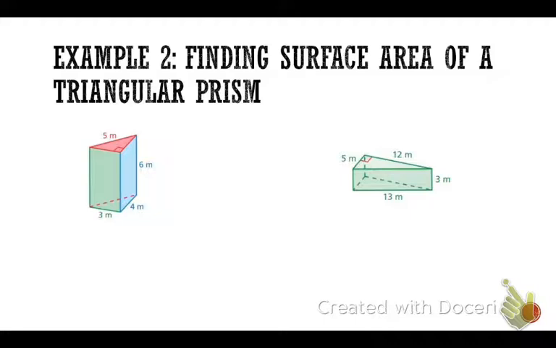We have the top triangle and we have the bottom triangle, and they are matching. So I'm going to find the area of those triangular bases, and then what shape are my faces? Rectangles. And then I also have a back. Don't I have a back to that?